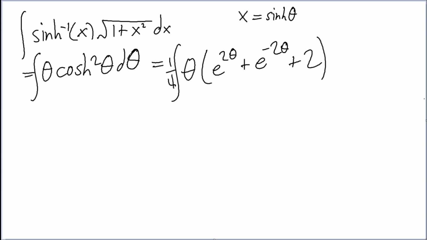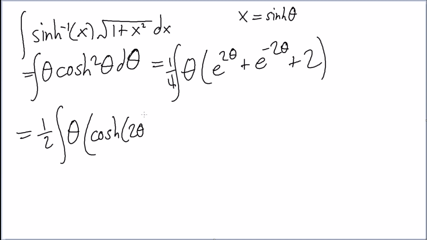Right? Oh, wait a minute. Ooh. What if we take out that half? If we use that half, then we get what? Divide by 2 here. This is cosh 2 theta plus 1, right?